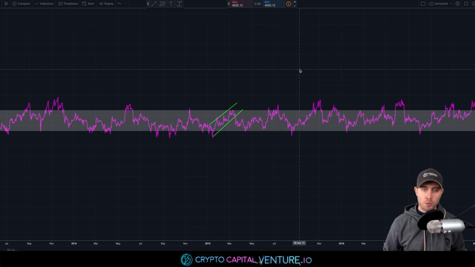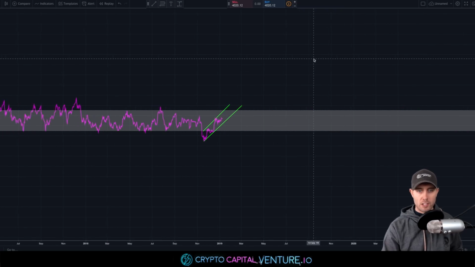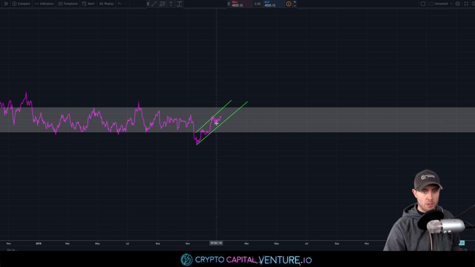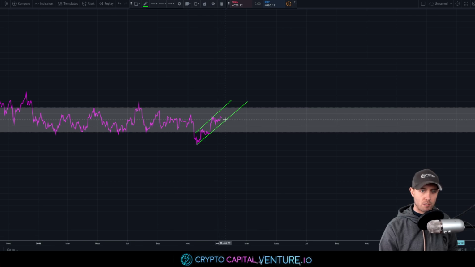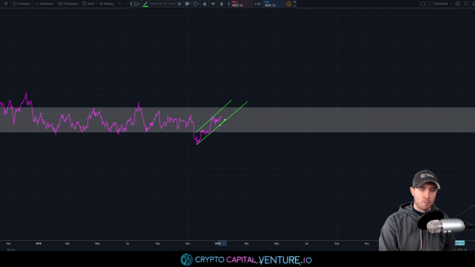That's a really important area to look at because right now we have a very similar rising wedge. In terms of momentum, we really want to see if Bitcoin can hold these higher lows and higher highs. So right now, we definitely need Bitcoin to stay above this bottom trend line. That's something else to look for in terms of Bitcoin momentum.